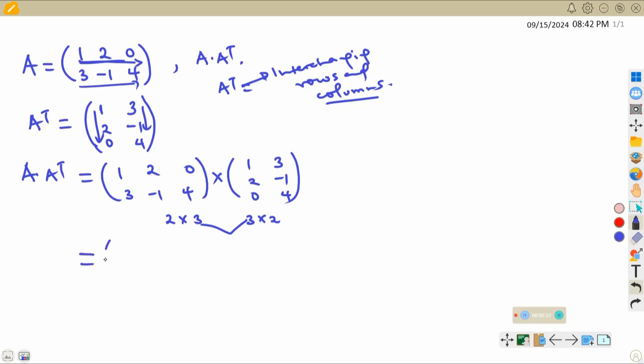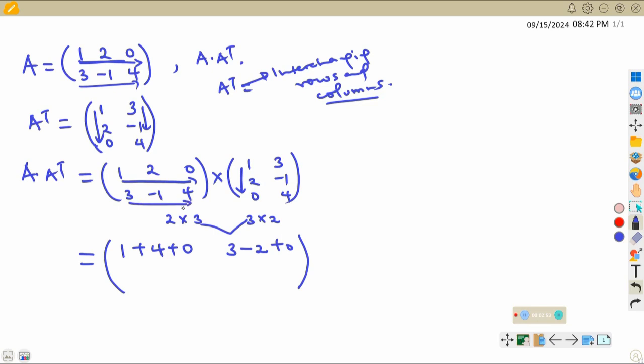So let us look at now the multiplication. We multiply this into this. So it will be 1 times 1, which is 1, plus 2 times 2, which is 4, plus 0 times 0, which is 0. Next, it will be 1 times 3, that is 3, 2 times -1, -2, 0 times 4, which is 0.